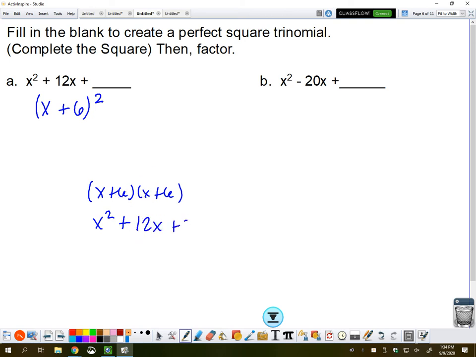And then 6 times 6 is 36. So this magic missing number is 36 for it to work. So we completed the square by putting the right number here to force this to factor to the same thing twice. Alright, so again, we're going to do half of this linear term. And then you just square that number you got to get the magic number in the blank.